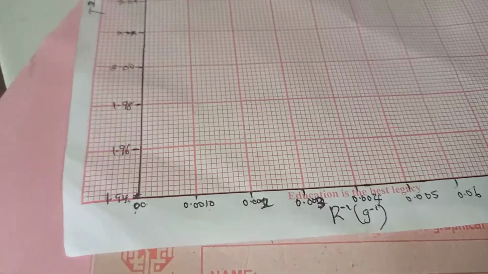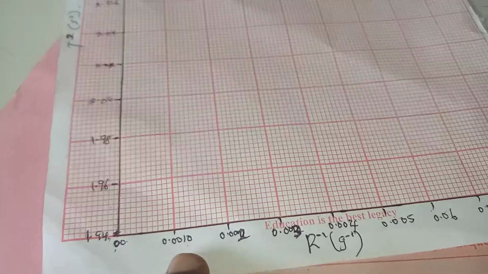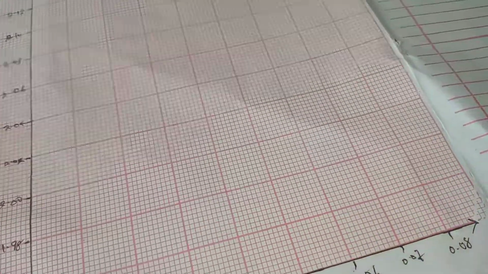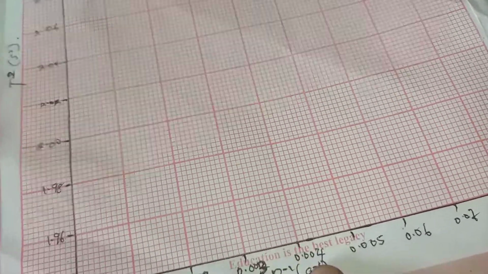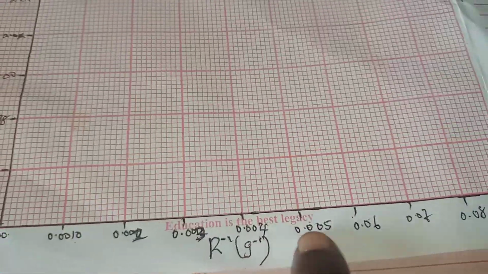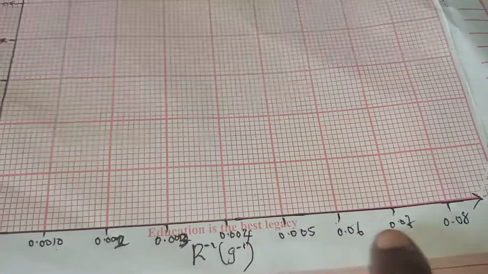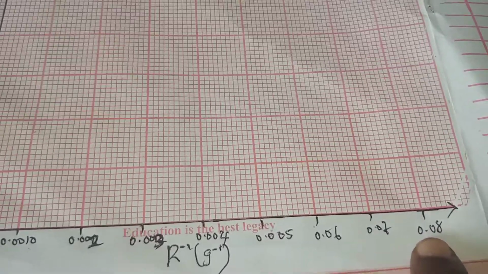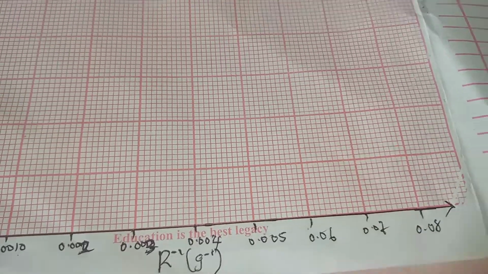So you can see 0.010, 0.020, 0.030, 0.040, 0.050, 0.060, 0.070, 0.080.